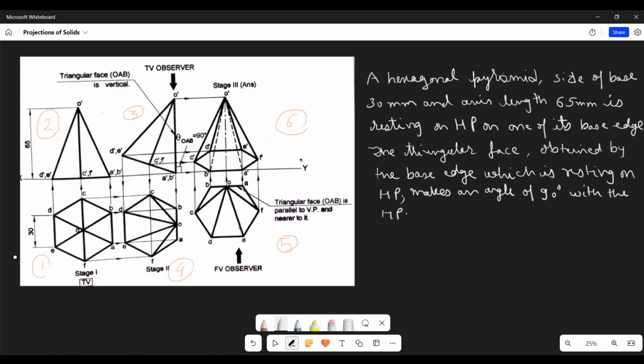Or you can also write this triangular face is perpendicular to the HP.